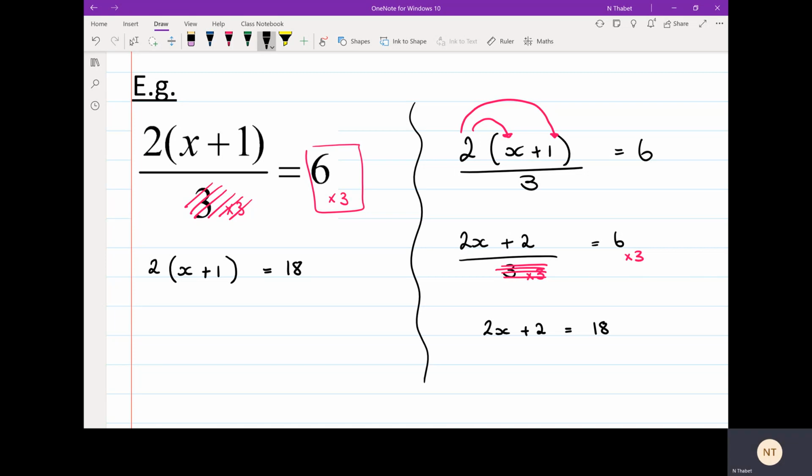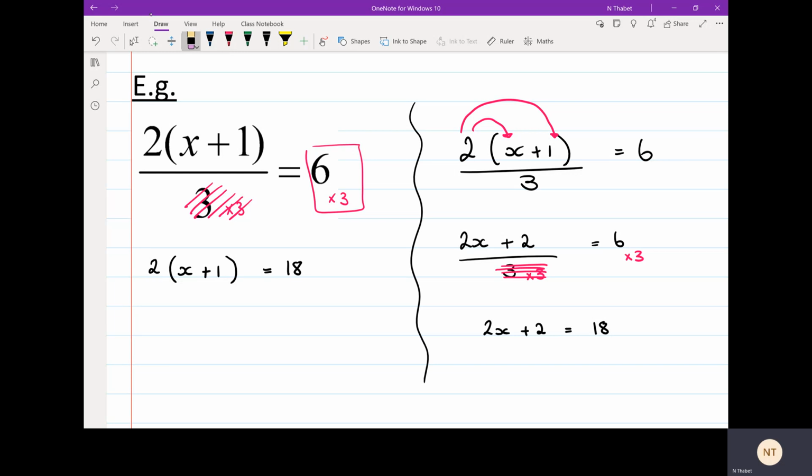Now, I could multiply out the bracket, or you could note that 18 is even, so you can simply divide by 2. Not subtract, not add. This is a multiplication. This is a 2 times the bracket.